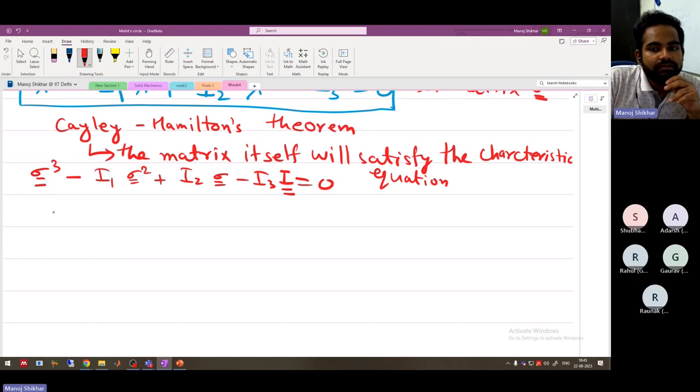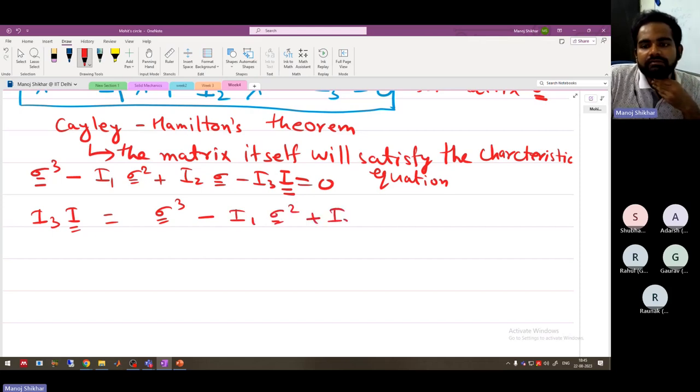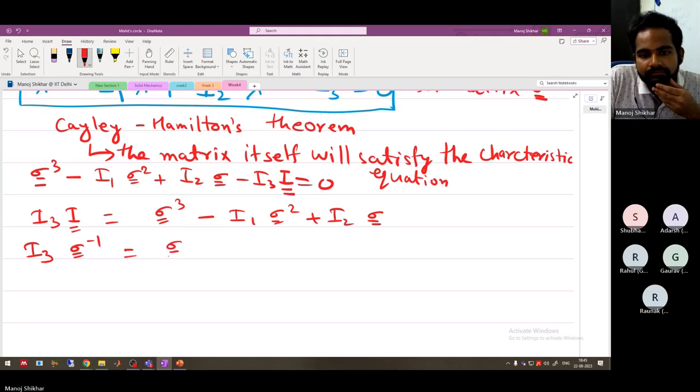Suppose I take I3 I on the left hand side, so what I have is I3 I equal to sigma cubed minus I1 sigma squared plus I2 sigma. I will post multiply by sigma inverse, so I will get I3 sigma inverse equal to sigma squared minus I1 sigma plus I2 I.